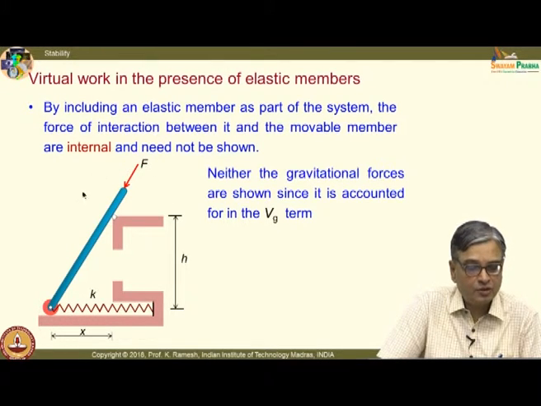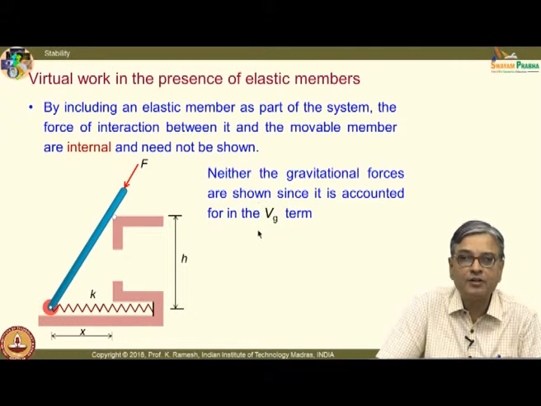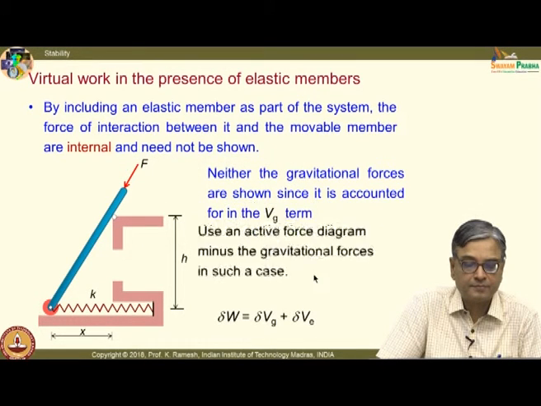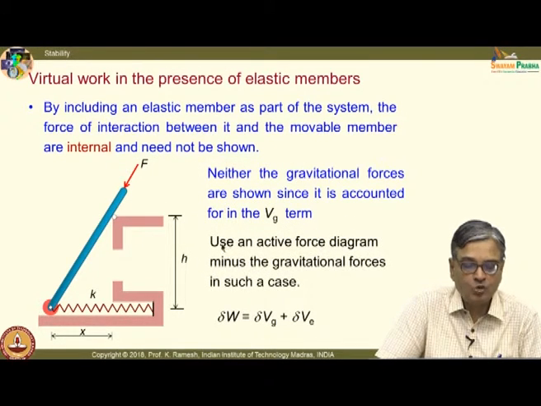When we use the energy approach, you do not even show the gravitational forces, but you include them as a term involving Vg, because we have recast that virtual work equation as delta W equal to delta Vg plus delta Ve. So, we use an active force diagram minus the gravitational forces in such a case.